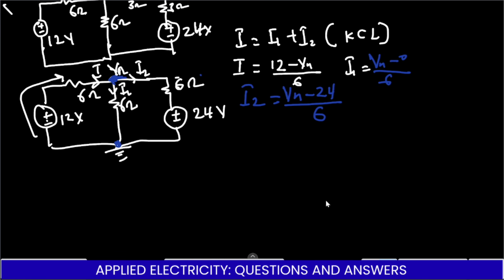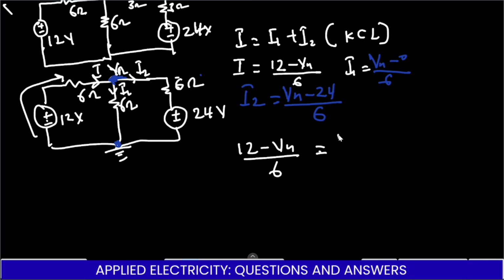Now, after we are done with this, we are going to insert these individual equations into the main equation. The main equation is I is equal to I1 plus I2. So what is the equation for I? I is 12 minus Vn, all over 6, which is equal to I1.